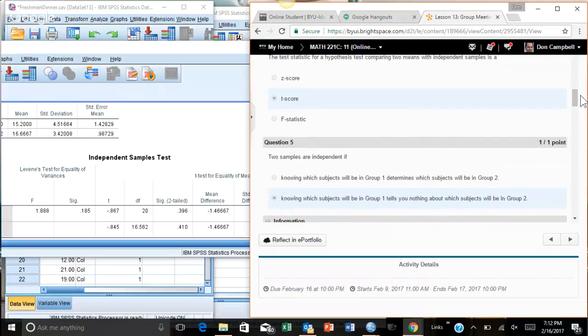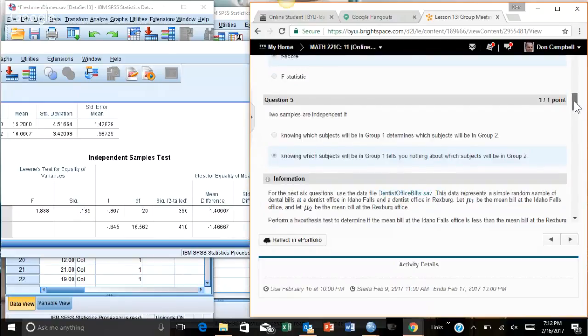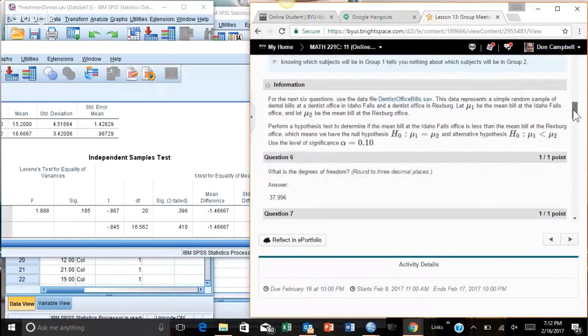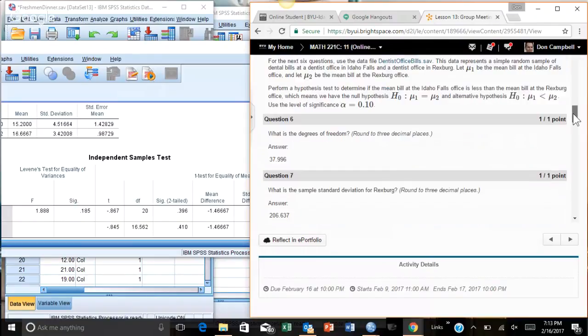So 3 is A and B. Right. 4 is a T score. Yes. 5 is B. Yes. 6 is 37.996. Cool.